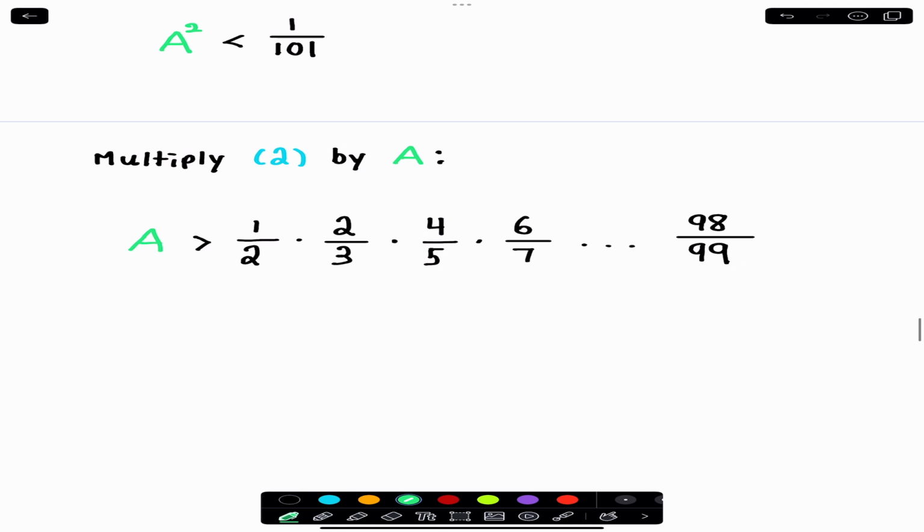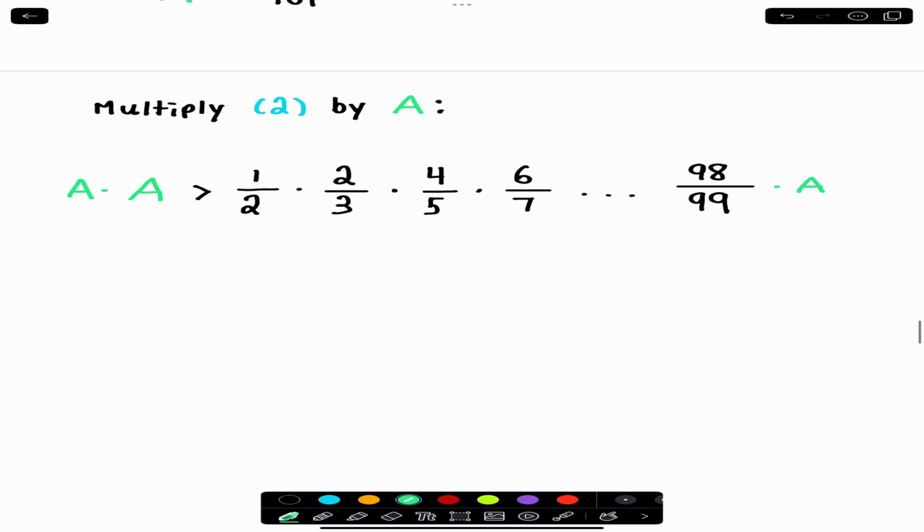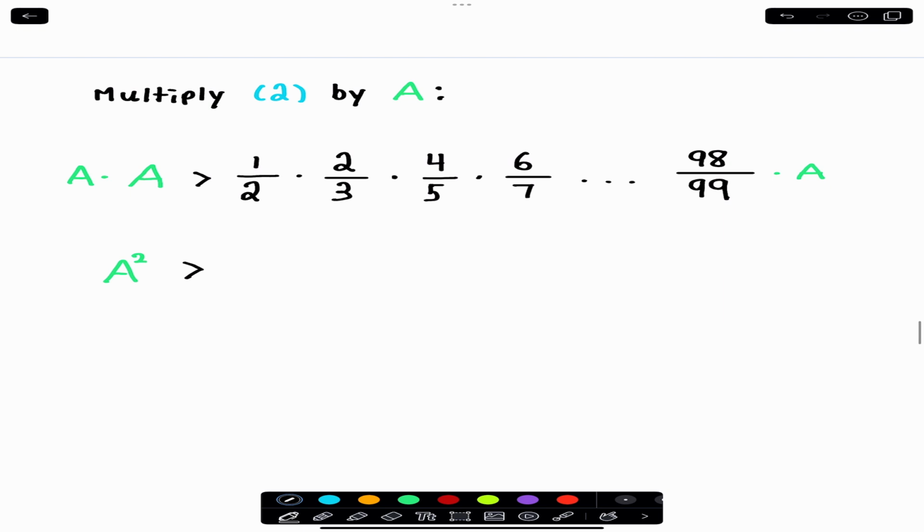Same thing. I'm going to take this A and multiply it on both sides. This way, this time we get A squared is greater than, this time it's 1 over 2. We have 2 copies of this, remember.